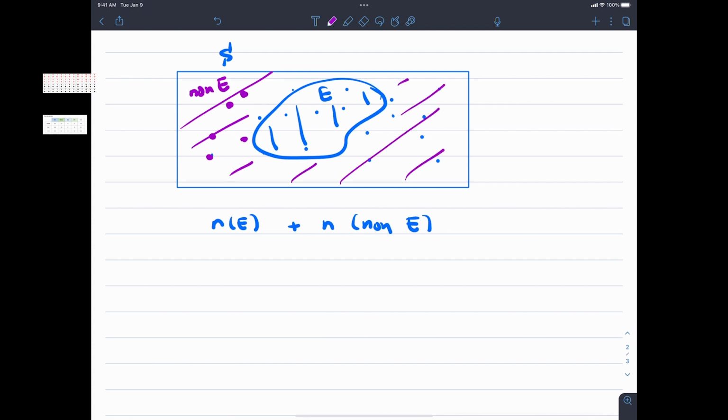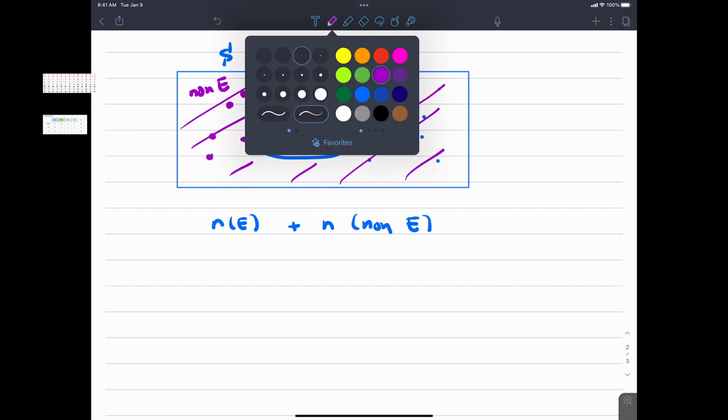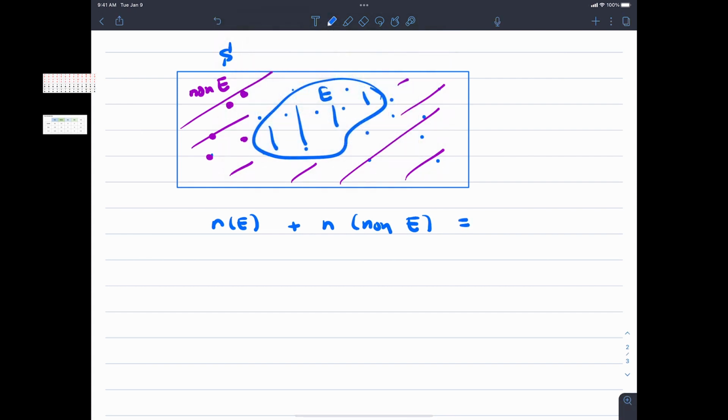These are not in E. What should that equal? That should equal the total in the sample, N of S. That's the total. So the logic is very simple. If I count everything in E, plus everything that's not there, that should be the total in the sample. Is that right? You guys okay with that?